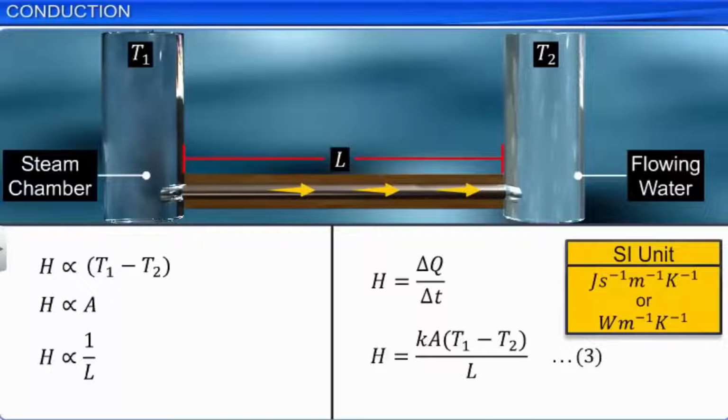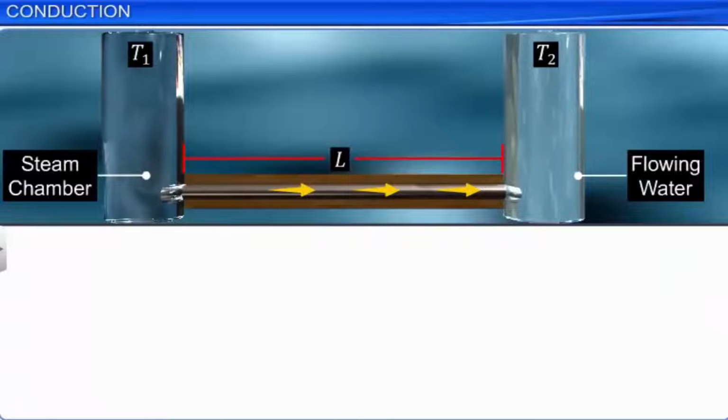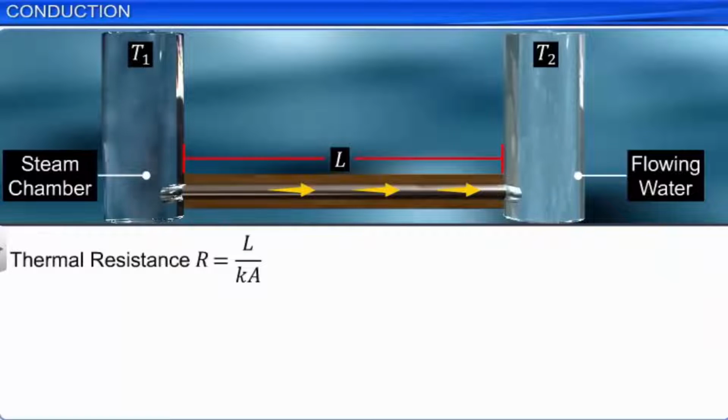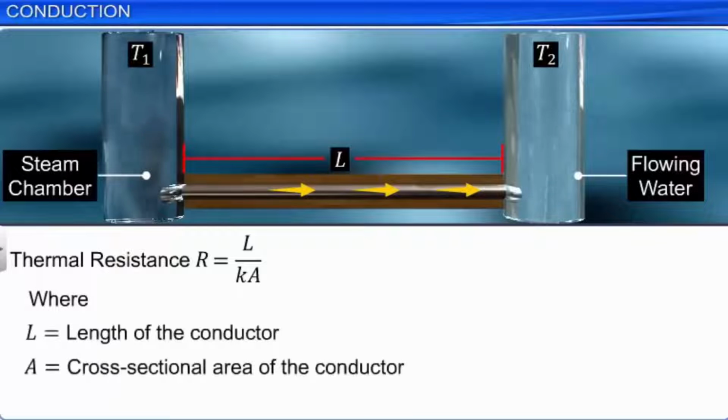For a rod, the mathematical expression L by K A is defined as its thermal resistance R, where L and A are the length and cross-sectional area of the rod respectively, and K is the thermal conductivity of the material of the rod.